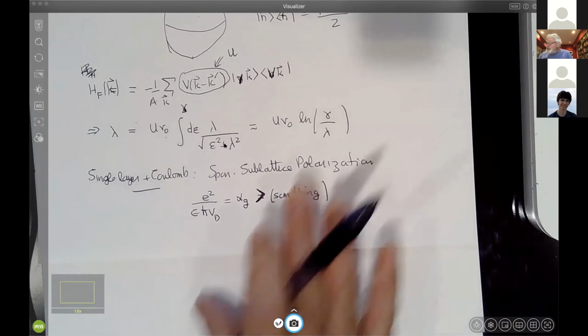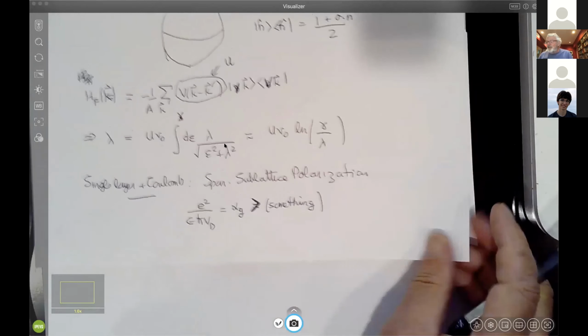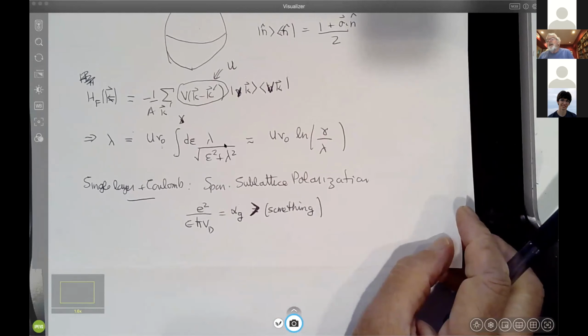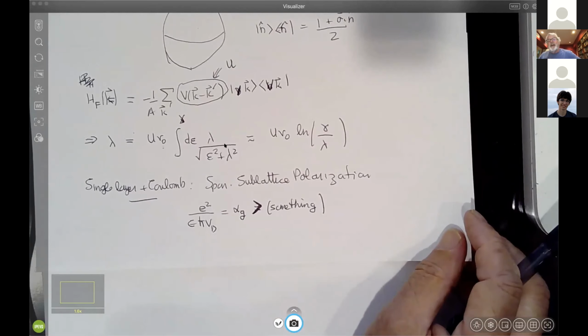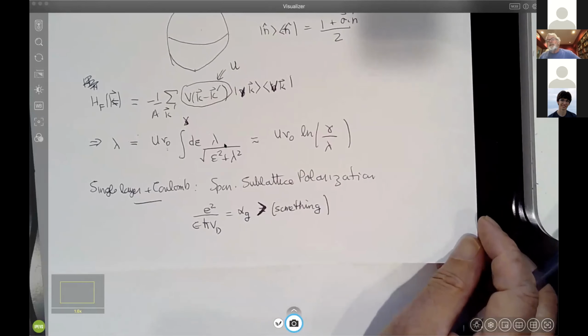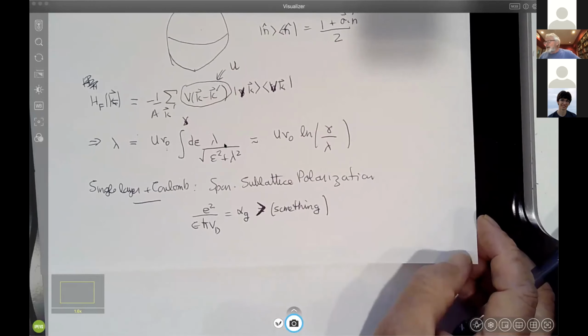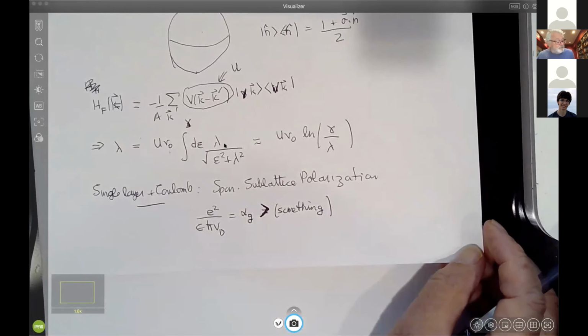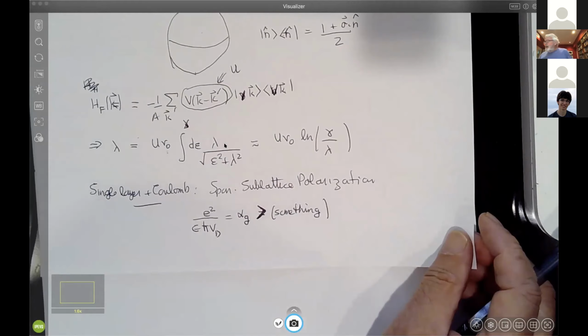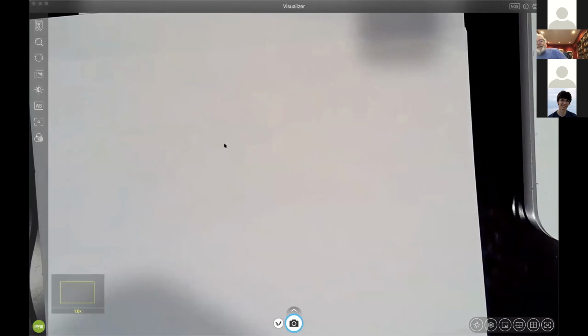But for a Dirac system, the expectation is that if the velocity was small enough, or if the interaction strength were large enough, then even in single layer graphene you get a spontaneous sublattice polarization, which opens up an energy gap. We know experimentally, I think pretty well, that broken symmetry doesn't occur in single layer graphene, but in bilayer graphene there actually is evidence that it does.